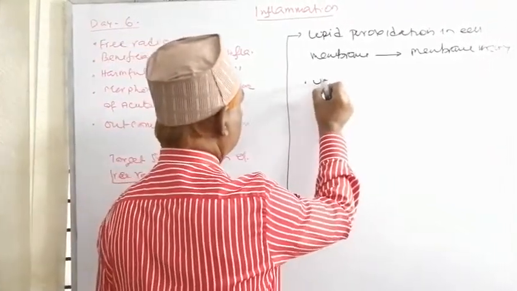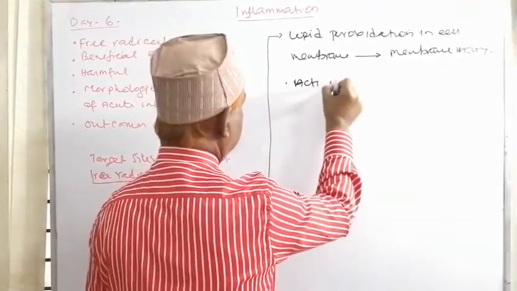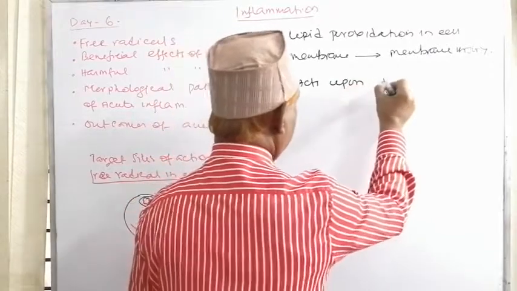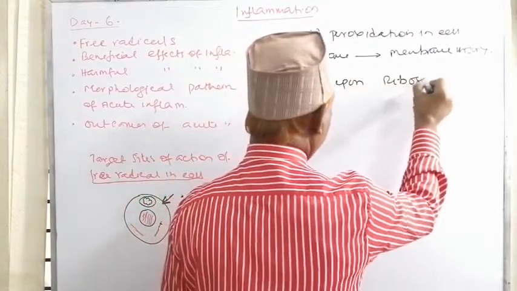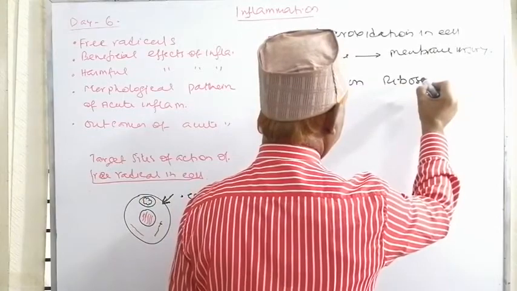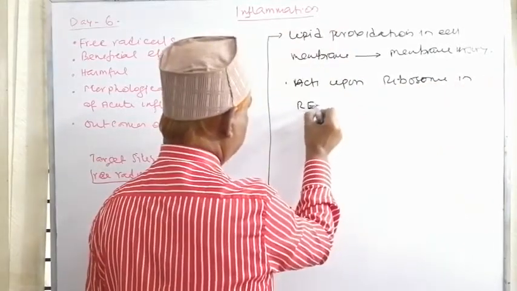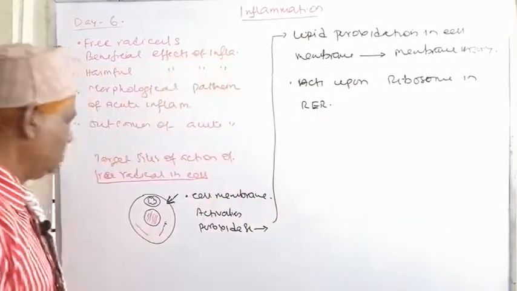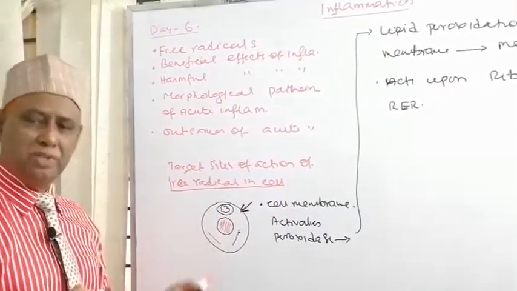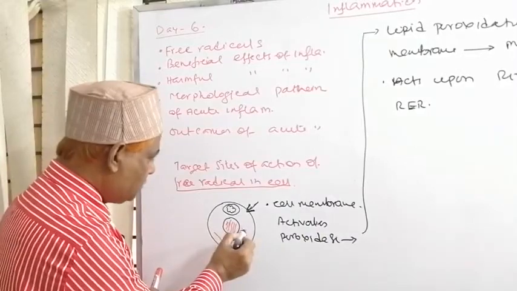Again, the free radicals act upon the ribosome in rough endoplasmic reticulum. Dear audience, you know, during protein synthesis, translation occurs in the rough endoplasmic reticulum.